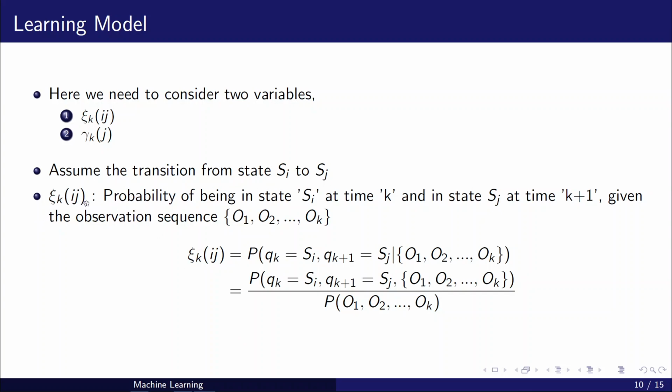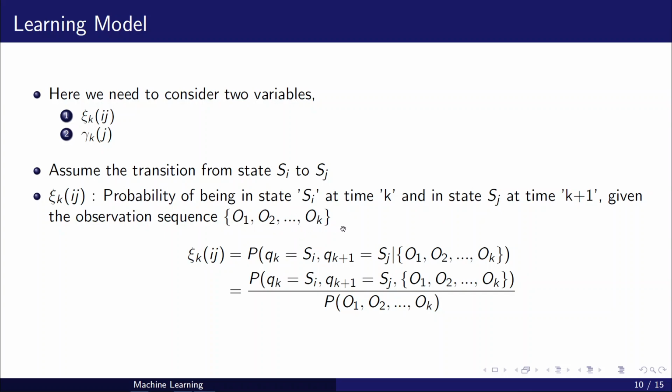Psi k(i,j) is defined as the probability of being in state Si at time k and in state Sj at time k plus 1, given the observation sequence O1, O2, etc. It means that you are at state i at time k and you make a transition from Si to Sj at the next time, that is k plus 1.